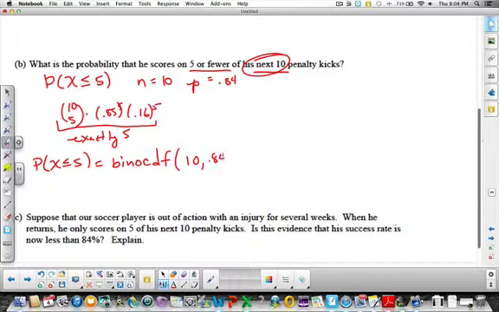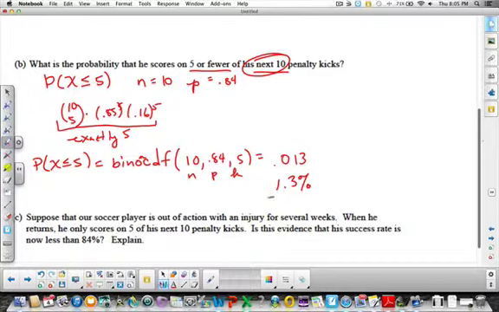The probability of success would be 0.84, and we're looking for 5 or fewer successes. So N, P, K. And make sure you mark the probability of each of these pieces if you're going to use this calculator notation here. And it turns out that probability is 0.013.